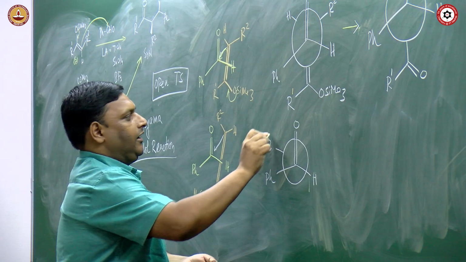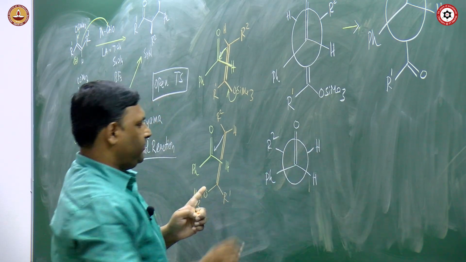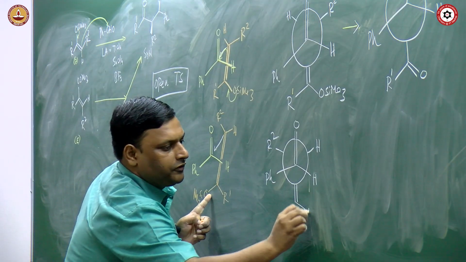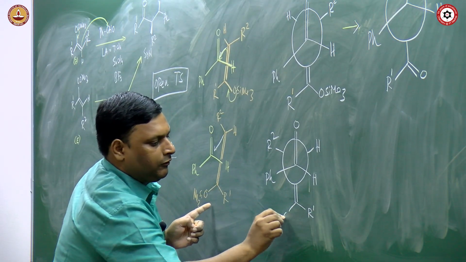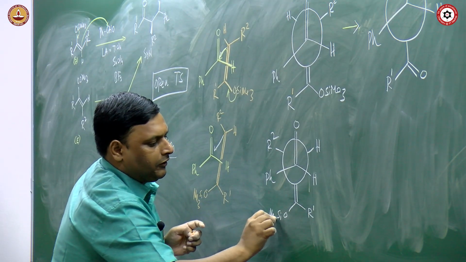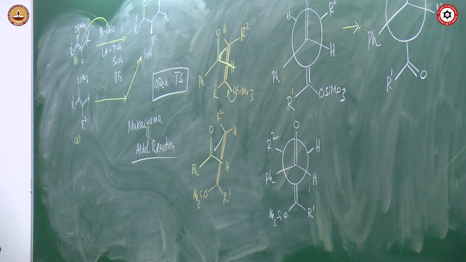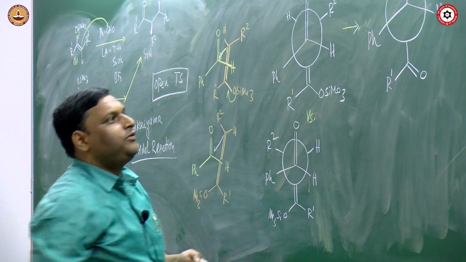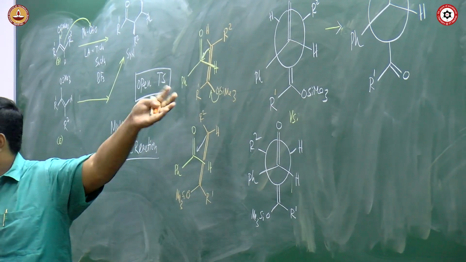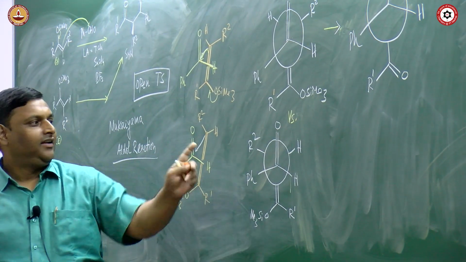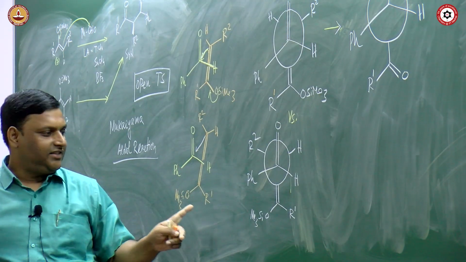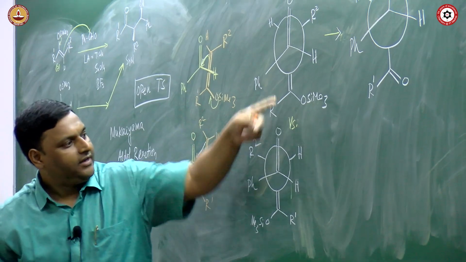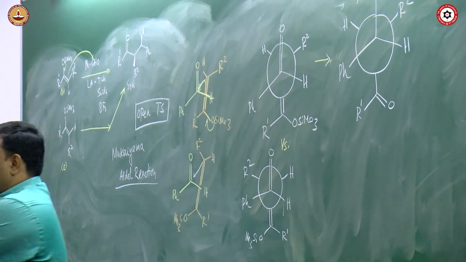This is now R2, this is now hydrogen, and then this is a double bond which has R1 and OSiMe3, correct? So you get two versions. Now you tell me which one will be favorable. Both are possible. This is also a Z enolate, this is also a Z enolate. So between these two, which one do you think is more favorable?